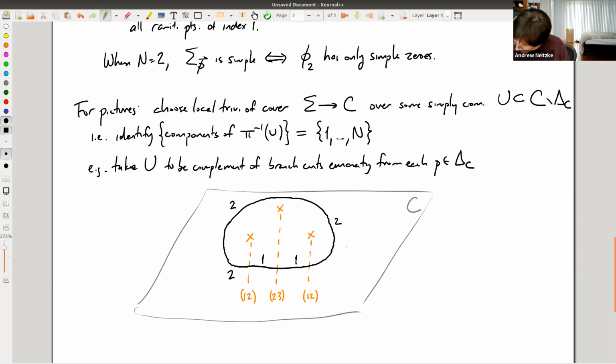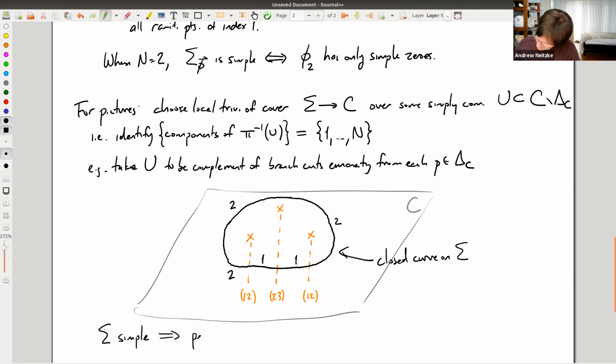Okay, so that's going to be kind of our notation. And when sigma is simple, so we said that we're often going to impose this condition that sigma is simple, that's equivalent to saying that the permutations on the cut can be taken to be just transpositions.